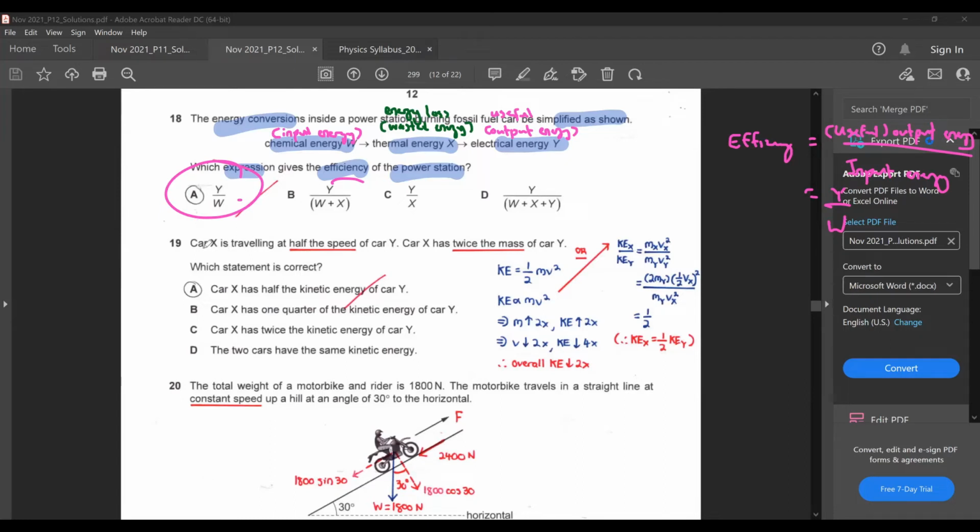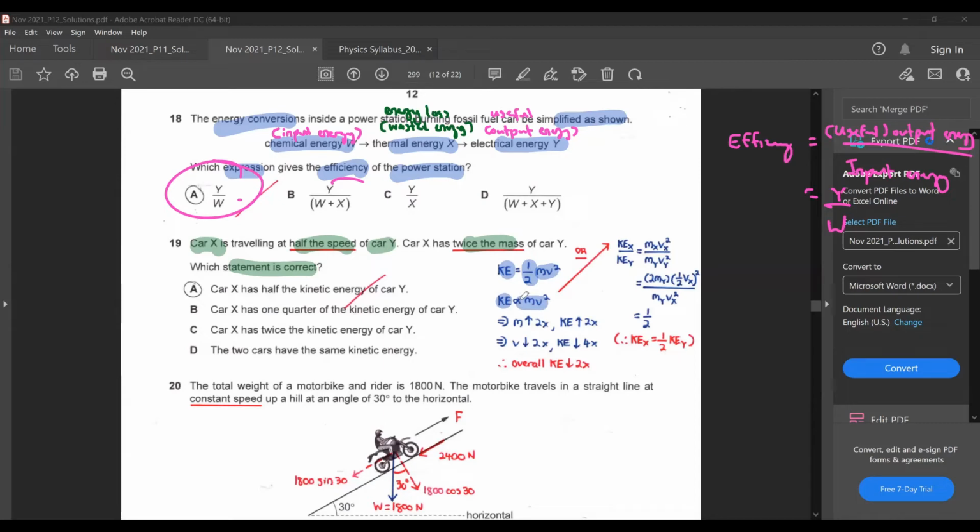Okay, number 19. Car X is traveling at half the speed of car Y. Car X has twice the mass of car Y. Which statement is correct? So for this one you use the equation half mv squared. KE is half mv squared. Now here you know KE is directly proportional to mv squared if you disregard the half.